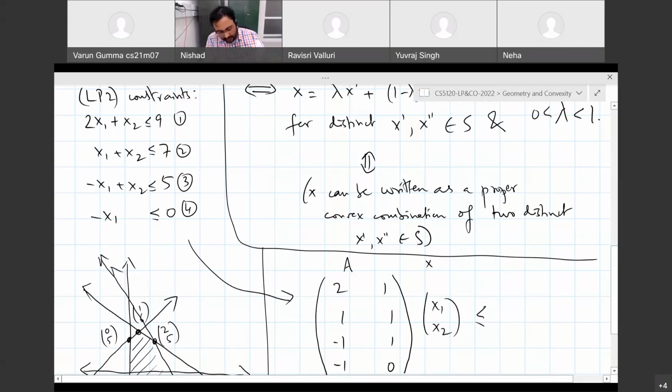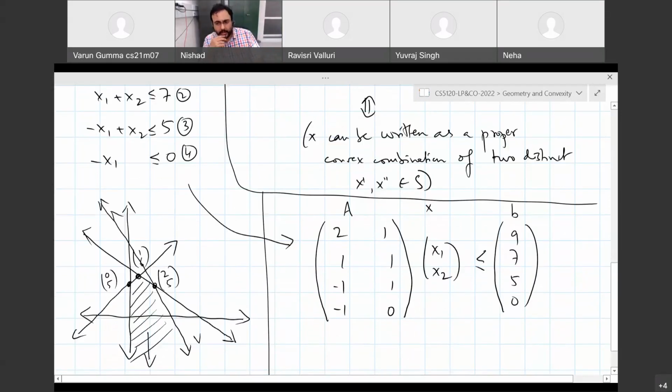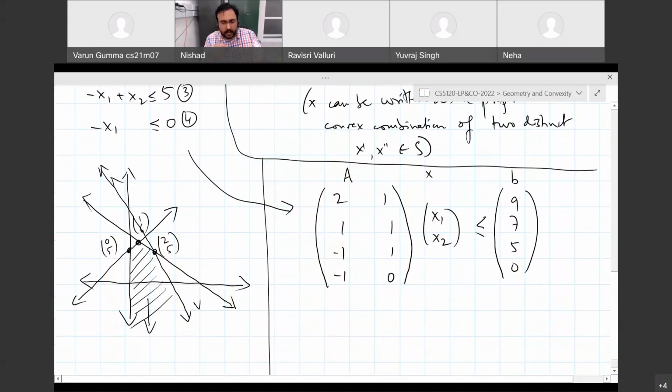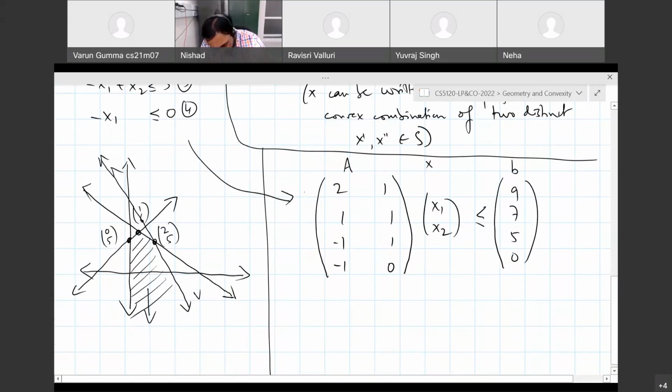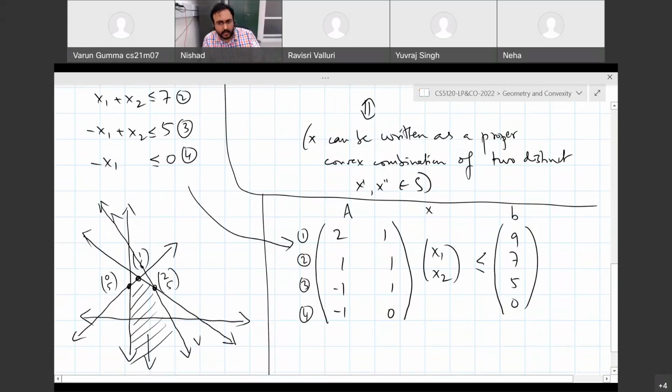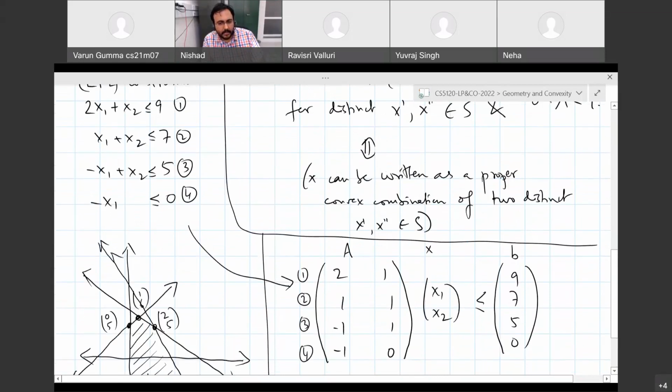And we want this to be less than or equal to the right hand side, which is our vector b: 9, 7, 5, 0. So in general, we have some polyhedron expressed as Ax less than or equal to b. All the constraints can be captured in this format. And this is our first constraint. This is our second constraint, third and fourth. Each row corresponds to 1 constraint. Each column corresponds to 1 variable.